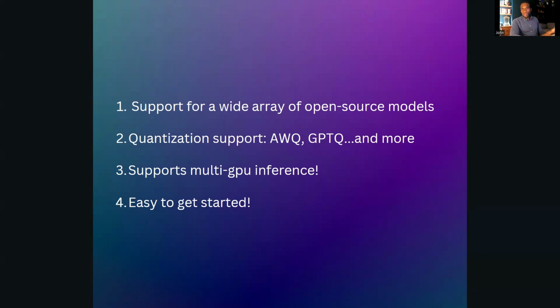So vLLM is useful because it supports multi-GPU inference. And the last thing here is it's easy to get started. I've created templates on Runpod to help you get started, and we'll be going through those in this video. By the end of this, you should be able to get started with vLLM and build your own inference server. Okay, let's explore the setup next.